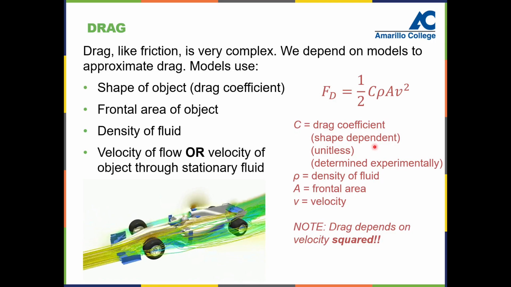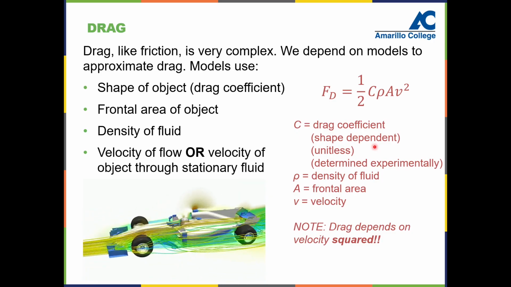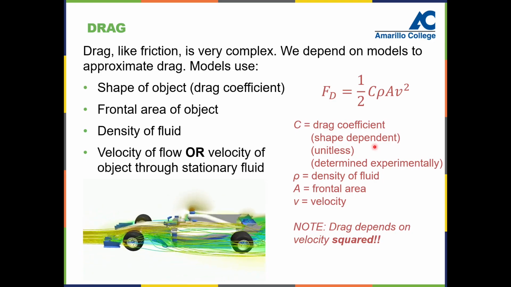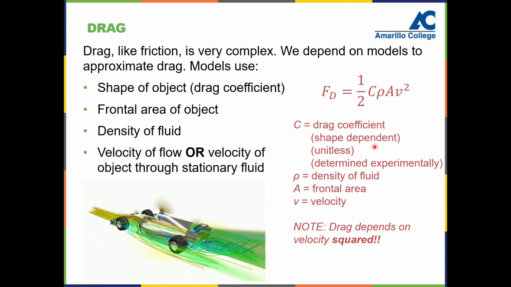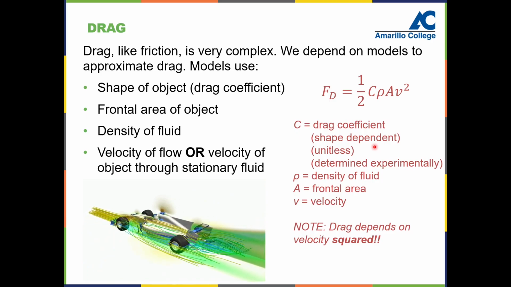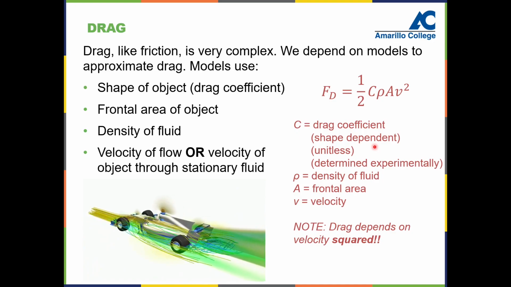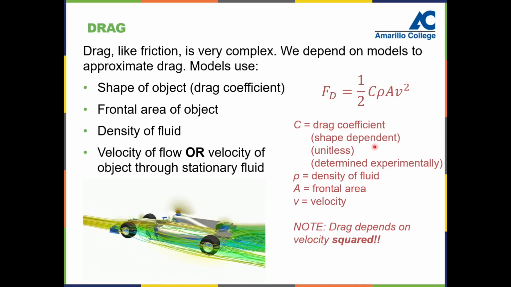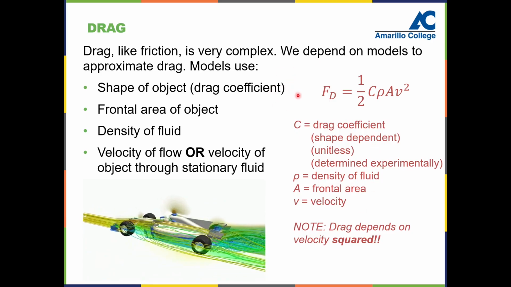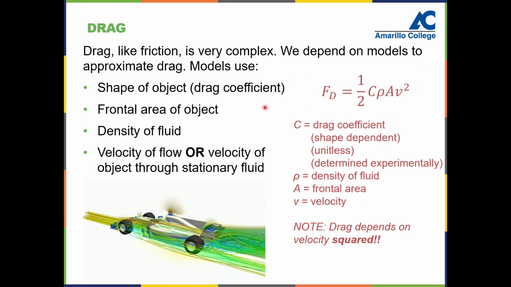We can take something incredibly complex, do a bunch of experiments, and simplify that complexity into a relatively simple mathematical expression, and that constant, the coefficient of friction, is how we make something complex incredibly simple. Well, we've done the same sort of thing with drag. It's just a little bit more complex than normal friction. So here is the model that we use to approximate the force of drag on a solid body.